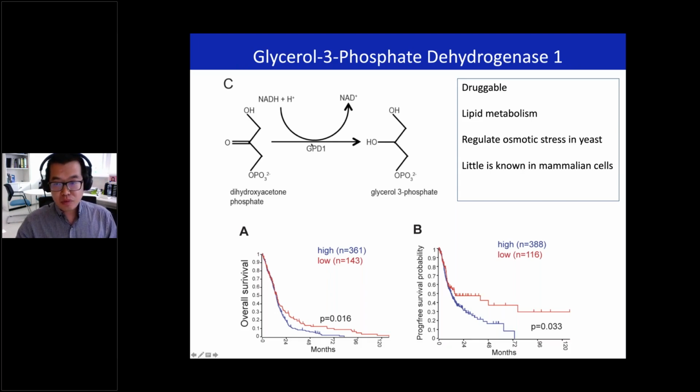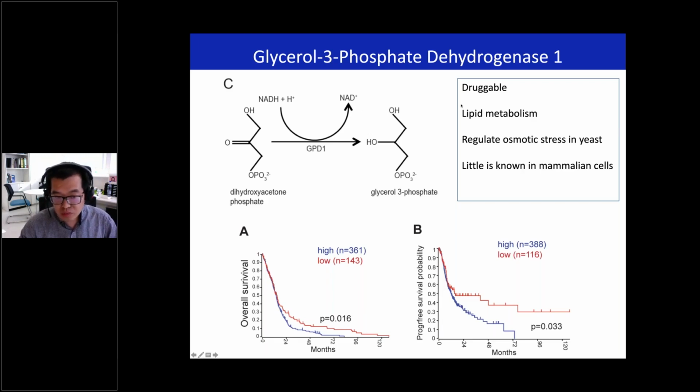And what is GPT-1? GPT-1 is actually a enzyme. It's Glycerol-3-Phosphate Dehydrogenase 1. Enzymatically, it catalyzes the conversion of dihydroxyacetone phosphate into glycerol-3-phosphate, and the reaction is reversible. At the same time, during the reaction, it's generating NAD+.